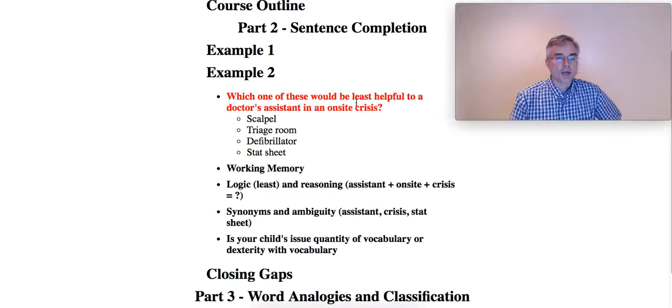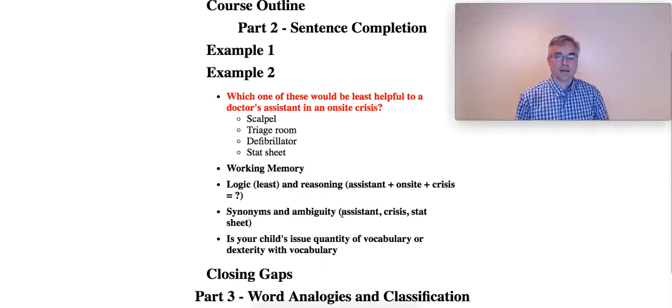There's a bit of logic here with least helpful, which is a negation of helpful, and a lot more reasoning, putting together assistant, on-site, and crisis to evaluate the answer set. There are synonyms, which are much more challenging and more powerful than opposites, and some ambiguity with each of these words.